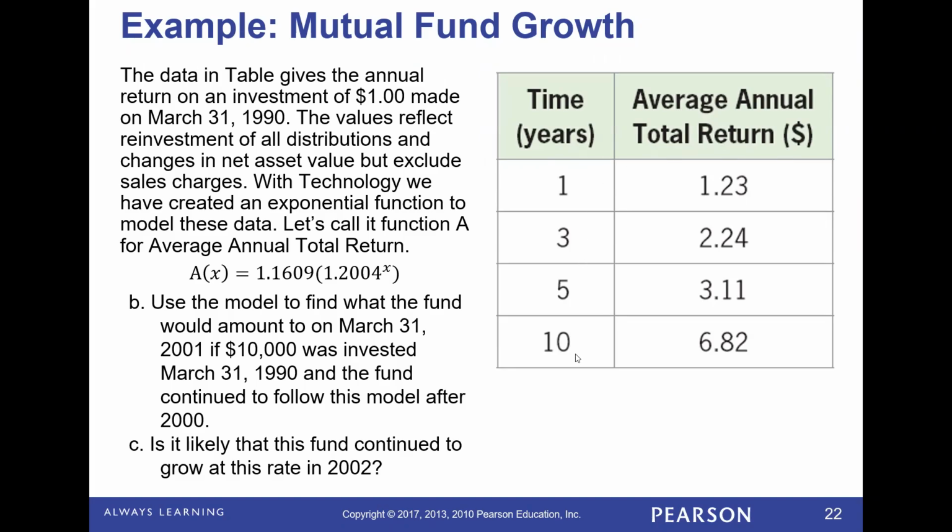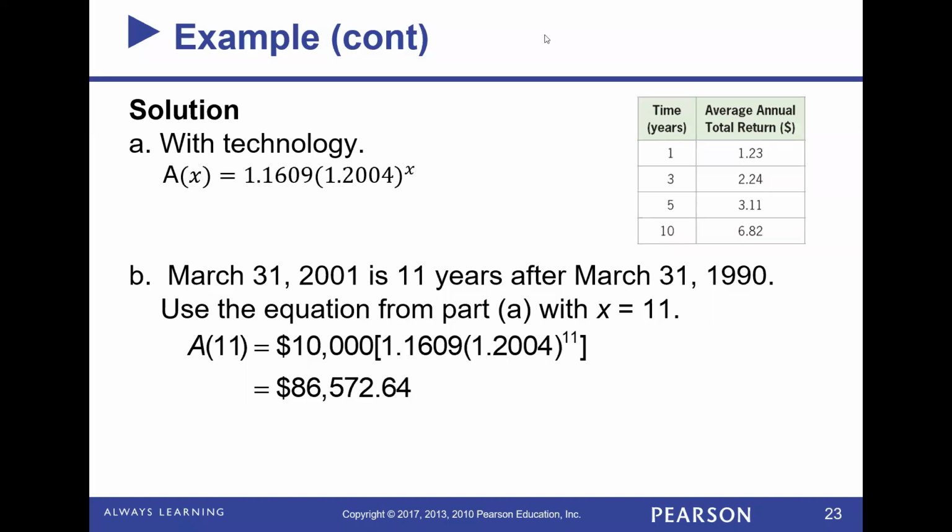So if we were looking at this average annual rate of return, will this keep going at this rate is what they're asking. So if I put $10,000 away for 11 years, this is basically what I would expect in my account. However, is this likely to continue at this rate?